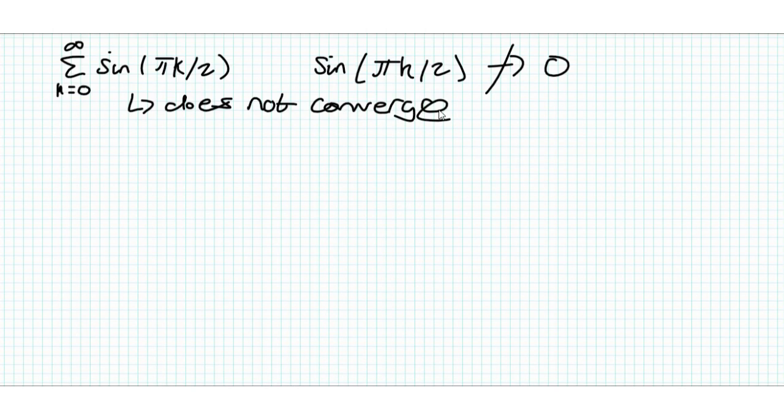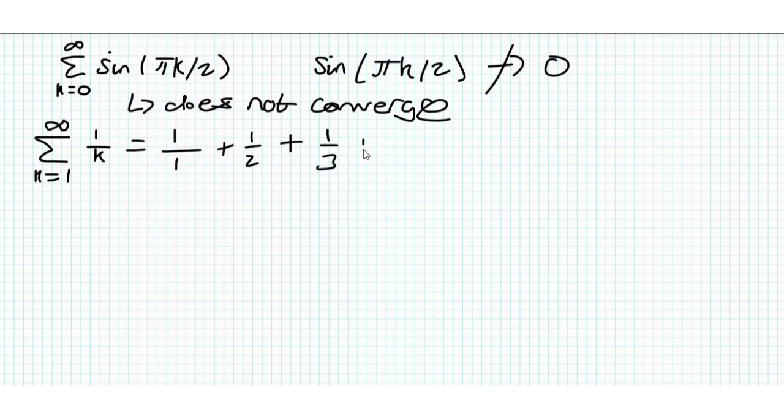What I also wanted to show was an example of an a_k which converges to 0, but where the series doesn't converge. So if we consider the series from k equal to 1 to infinity, and the reason we can't pick 0 is because the series is 1 over k, this is equal to 1 over 1 plus 1 over 2 plus 1/3 plus 1/4 and so on.